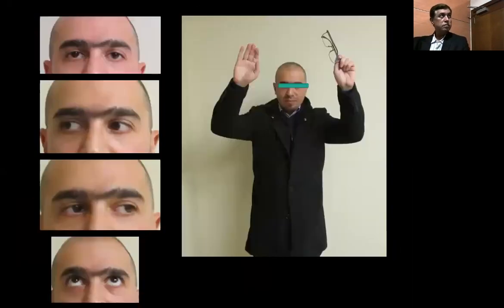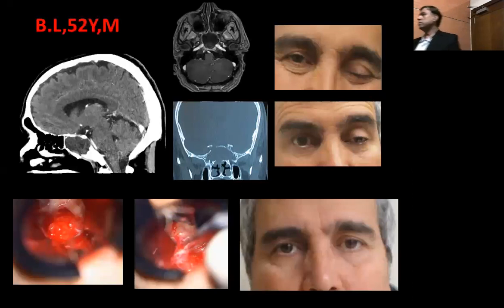The major complaint of the patients who are referred to us in the radiology department for MRI or CT scan is headache. So we find a lot of patients have sinus involvement by either sinusitis or allergy or pansinusitis.